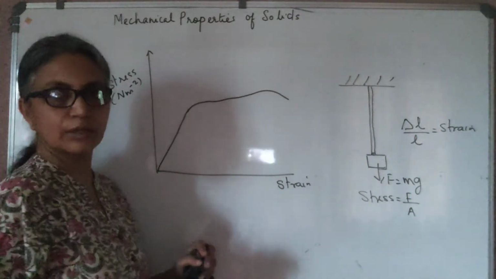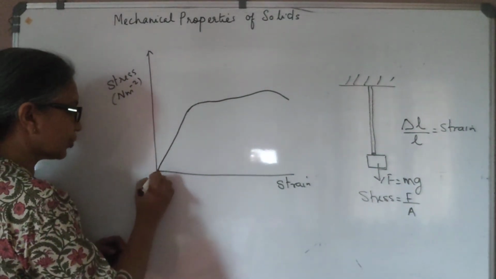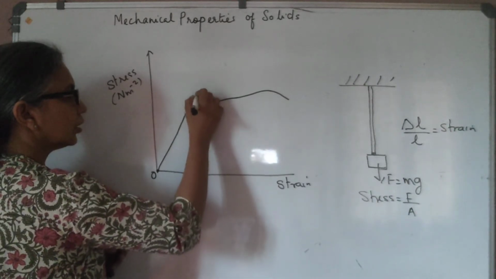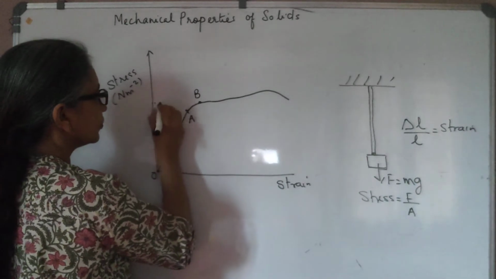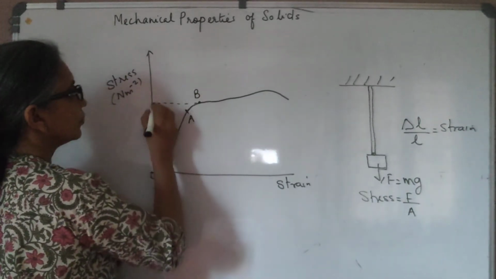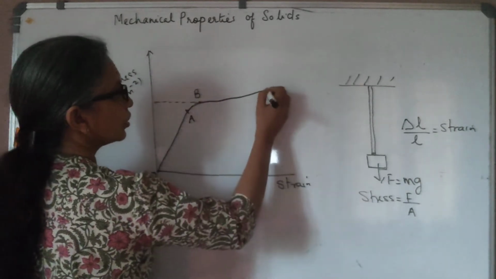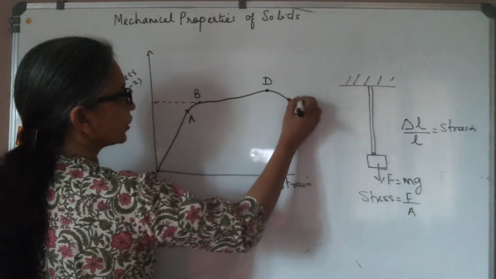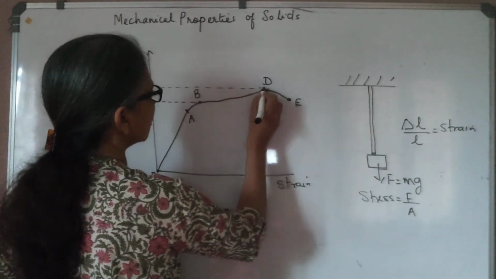The stress strain graph will be different for different materials. Now there's a first region which is O to A, then there's B, this is B, this is point D, and this is point E. So let me draw a dotted line here.